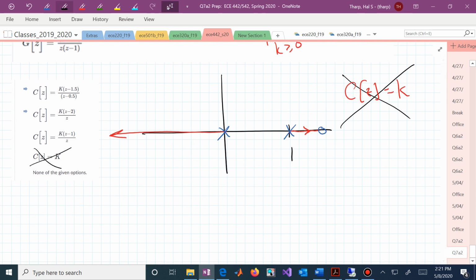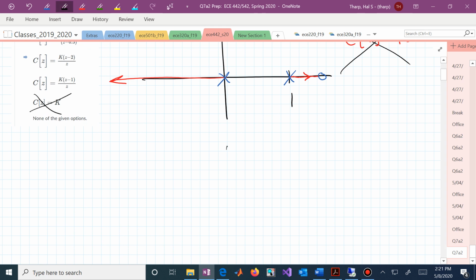The other one, let's just continue with our original system. Now the controller is putting another pole at the origin and a zero on top of that pole.